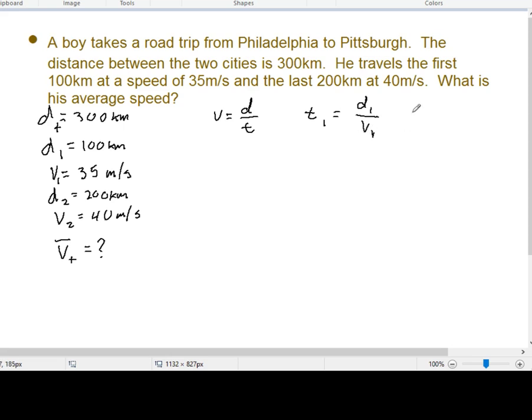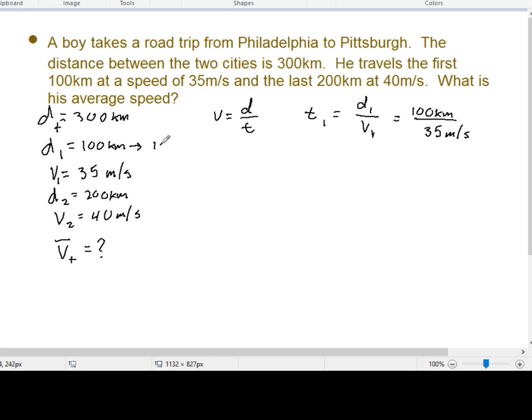So d1 is 100, and v1 is 35 meters per second. Oh, now I see a problem. My top units are in kilometers and my bottom units are in meters. So I could make everything in meters: 100 times the k, which means 1,000.